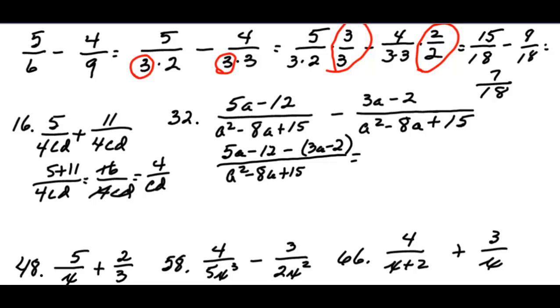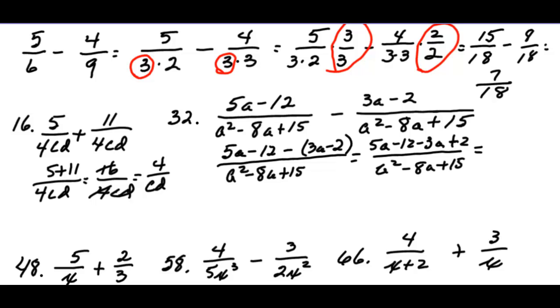Then when we combine those, we have 5a minus 12 minus 3a plus 2 over a squared minus 8a plus 15.